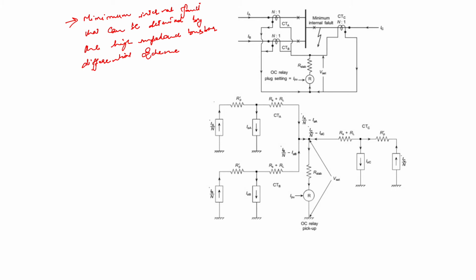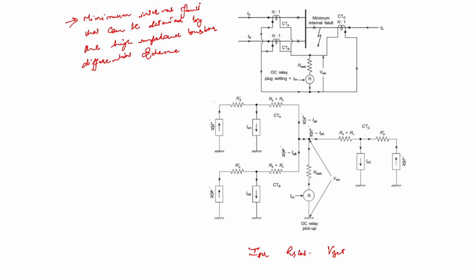The high impedance scheme has the pickup value of I per unit and a stabilizing resistance of R stabilizing, and therefore needs a minimum voltage of V set to be developed across the series combination of stabilizing resistance and overcurrent relay.